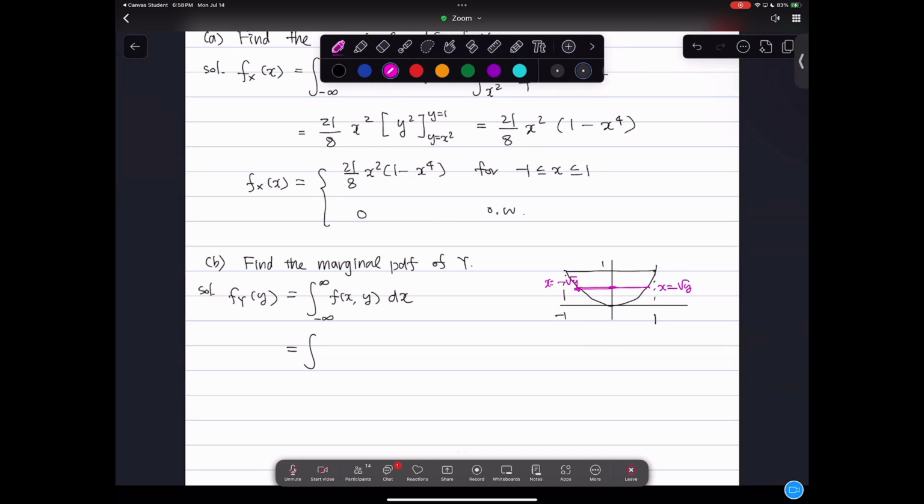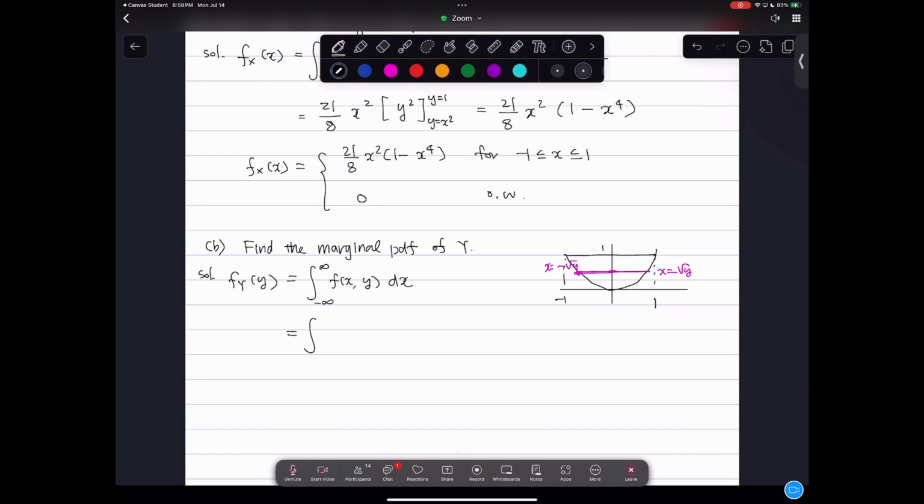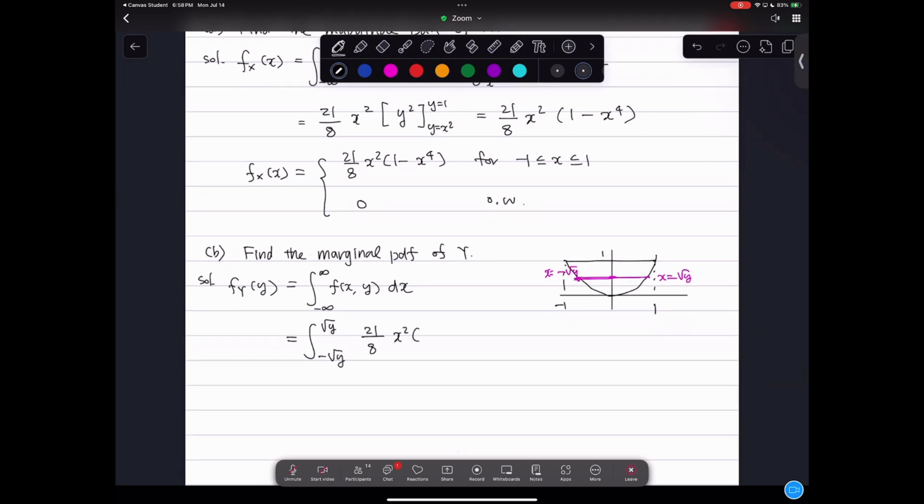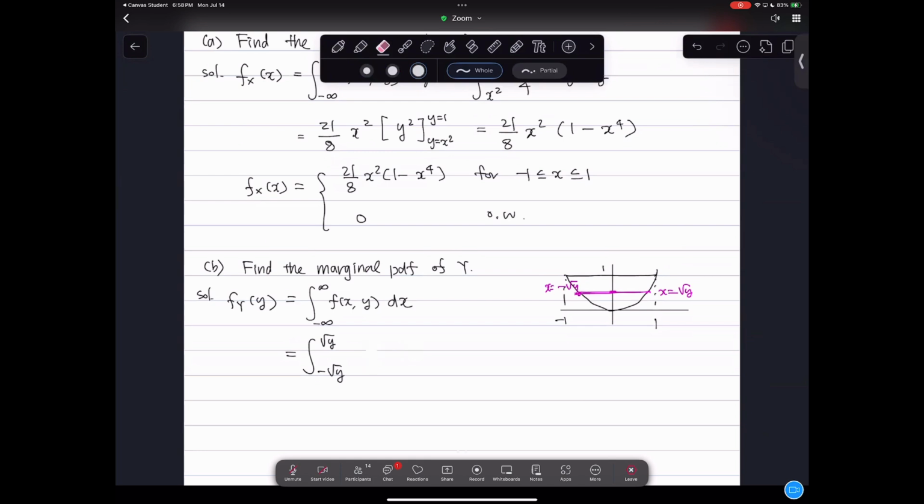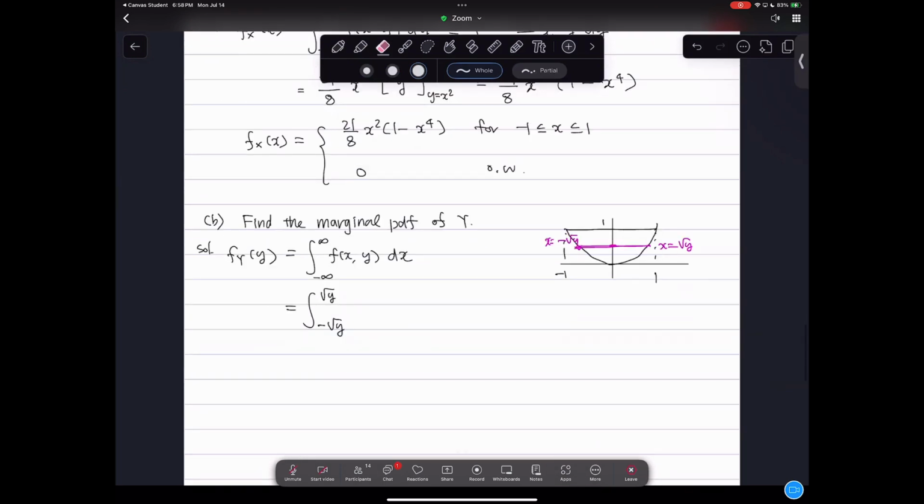So now you're going from the lower bound to the upper bound, and your joint is 21 over 4 x squared y dx.